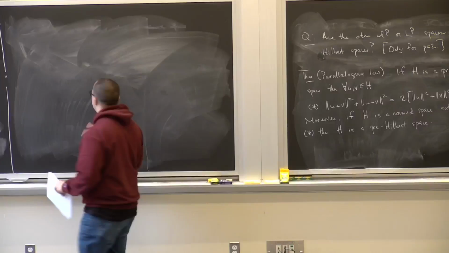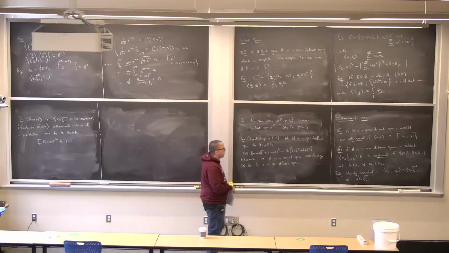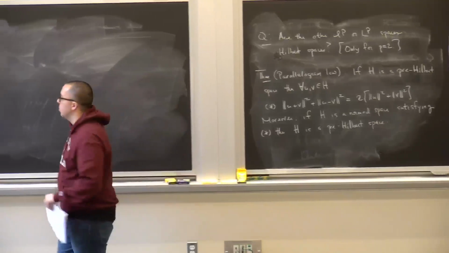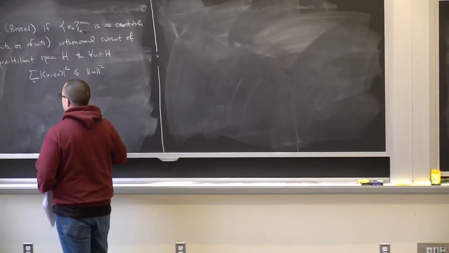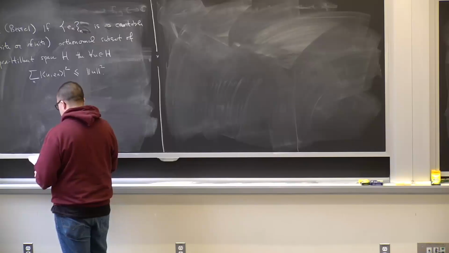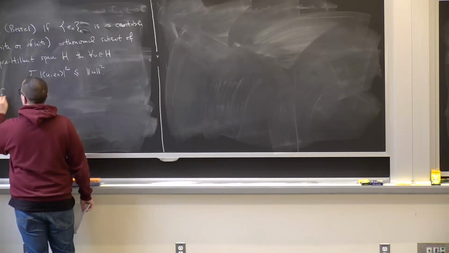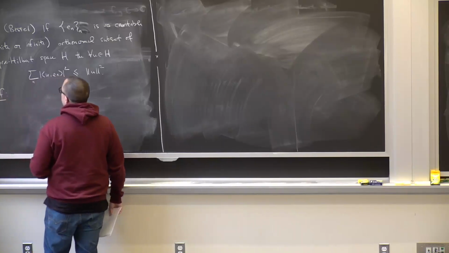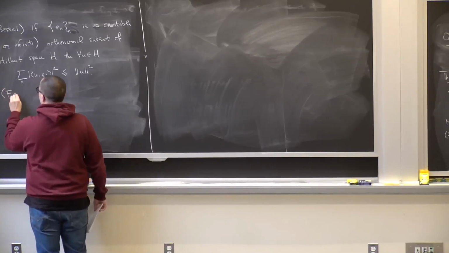So our discussion here of orthonormal subsets is taking place within a pre-Hilbert space. We don't need Hilbert spaces to talk about these concepts yet, but when we're in a Hilbert space and we have a certain orthonormal subset, that will be important. Okay, so the proof is, let's do the finite case first.